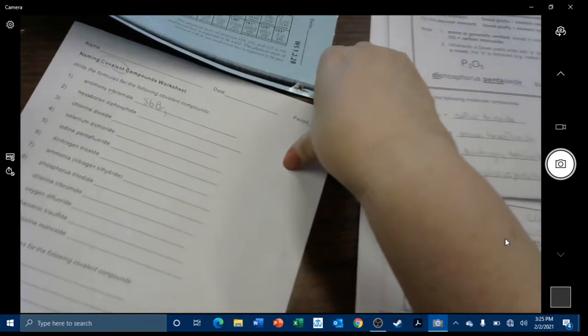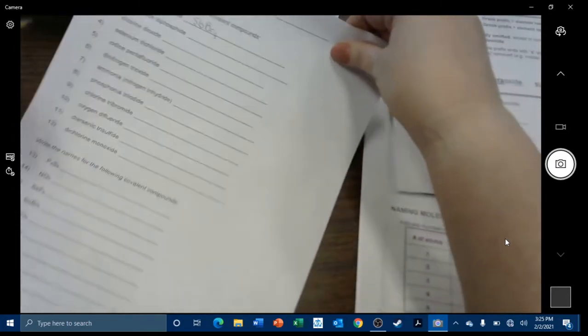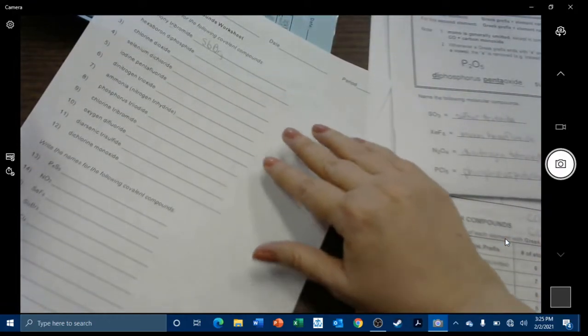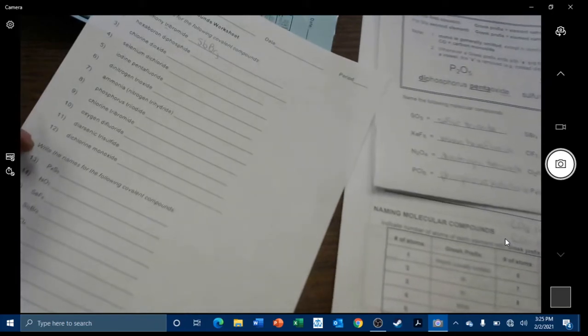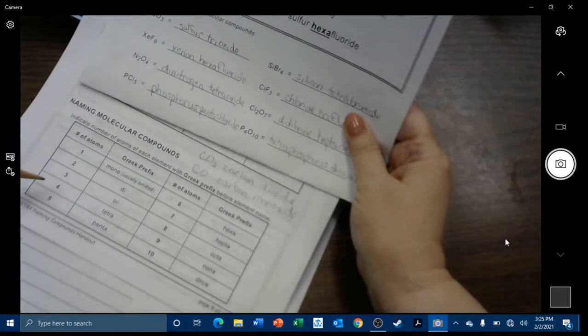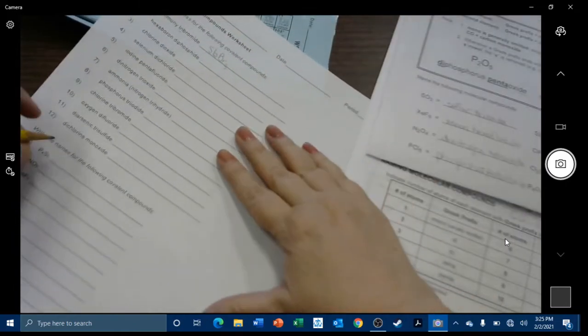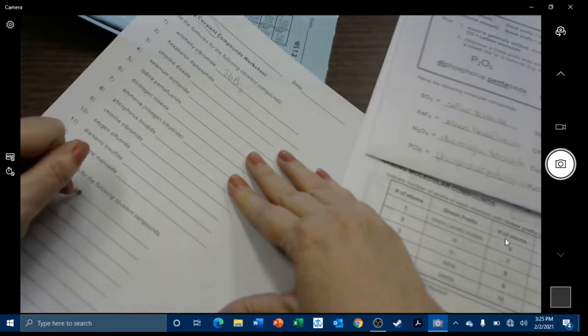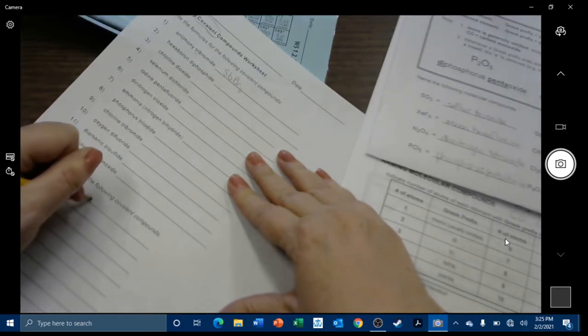The ones at the bottom are just like the ones we just did. You have phosphorus, there's 4 of them. And your prefix for phosphorus is tetra, okay, because that's 4. So it's tetraphosphorus.